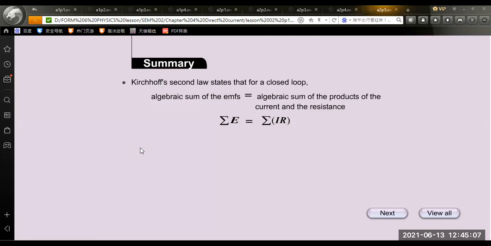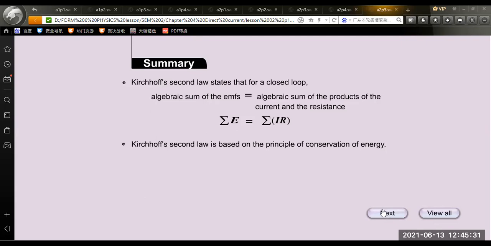This means that the total EMF is equal to the total potential difference.